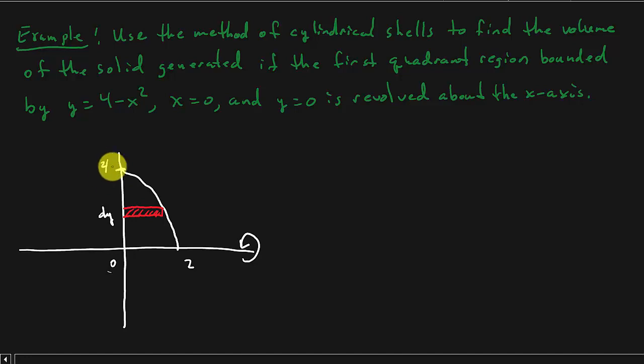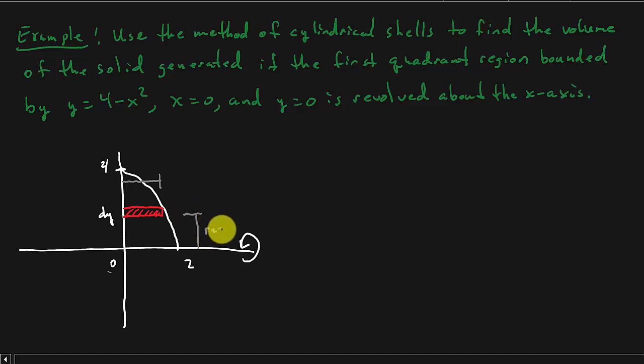Up here to 4. Okay, because if you plug 0 in for x, you get y is equal to 4. All right, so what do we need? We need the height of the shell. We need the radius.